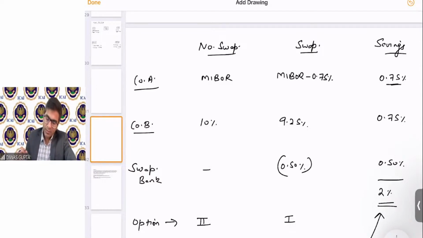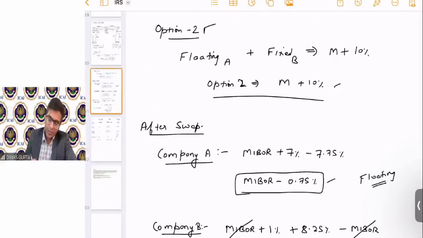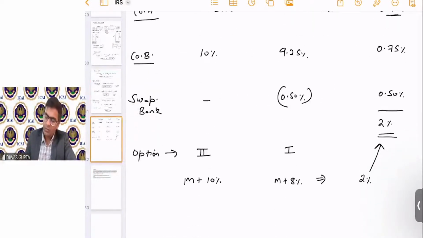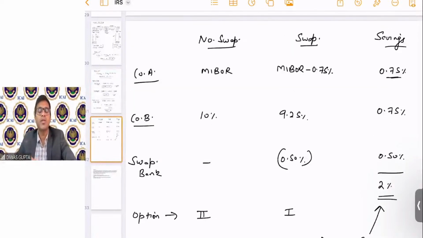Okay, students, let's come to question number 6. Before going to question number 6, in a nutshell, what is the swap doing? A swap is actually converting your fixed liability into a floating liability, or your floating rate liability into a fixed rate liability.